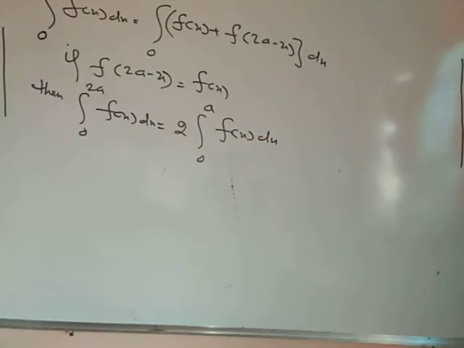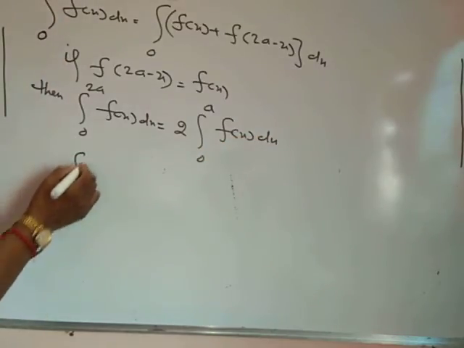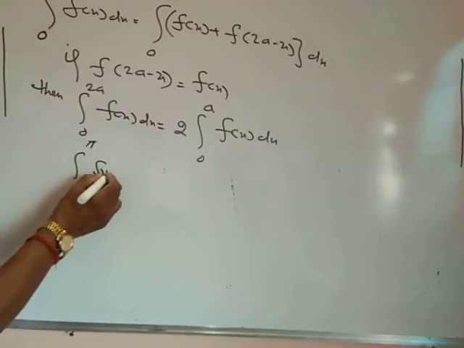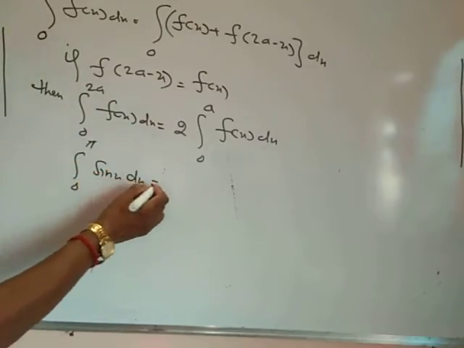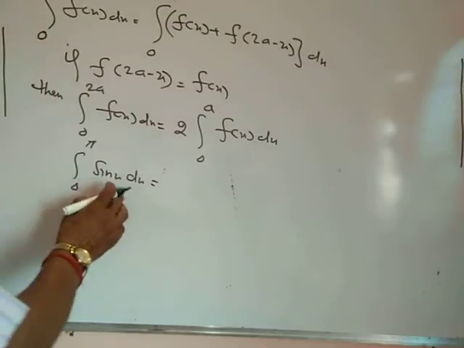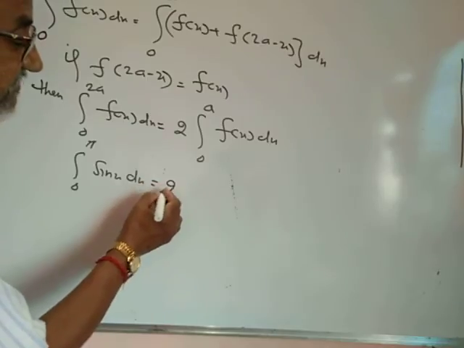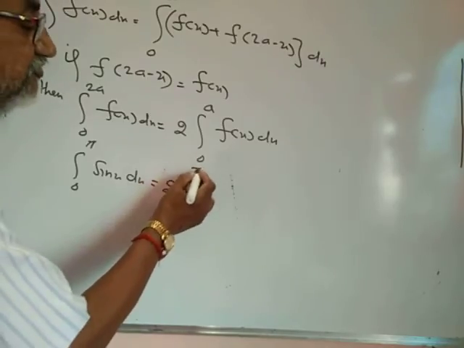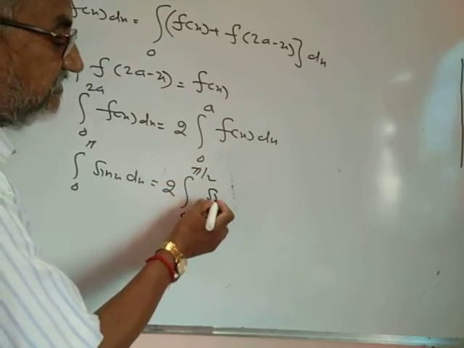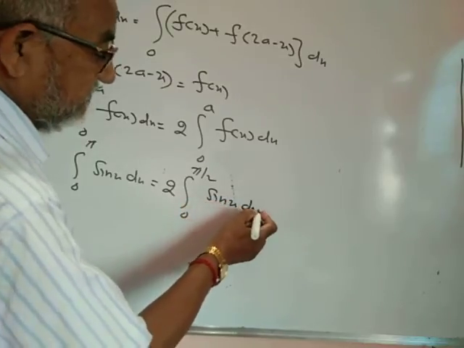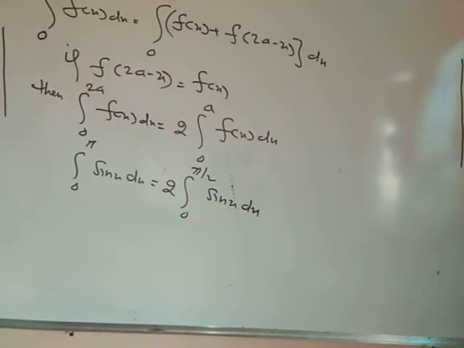See, for example, integral from 0 to pi of sin x dx. Now we know that sin(pi minus theta) is sin theta. So this we can write 2 into integral from 0 to pi by 2 of sin x dx. So this property is again a very useful property.